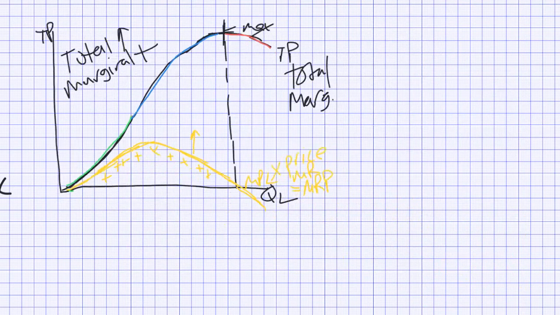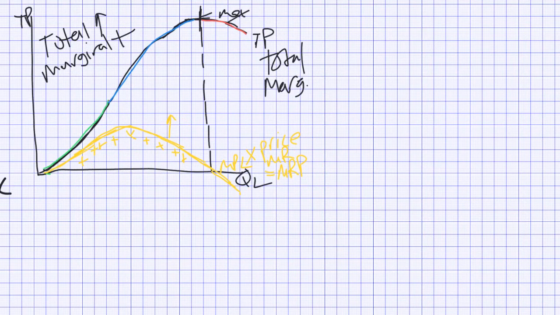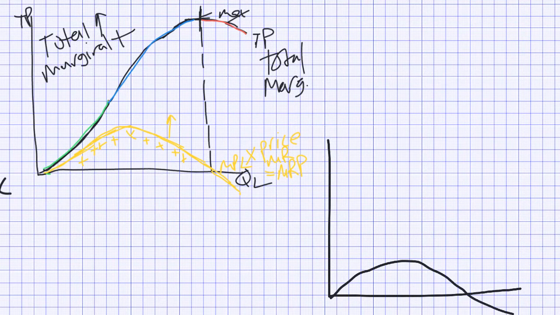So if we were to graph a marginal revenue product line, you would take your marginal product and you would just move it up. So marginal product of labor looks like that, which this is the quantity of output, and this is the quantity of workers.